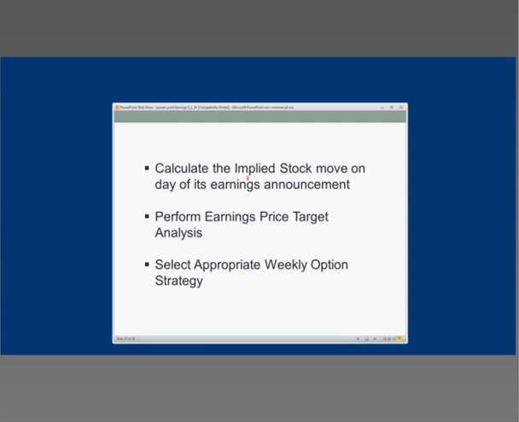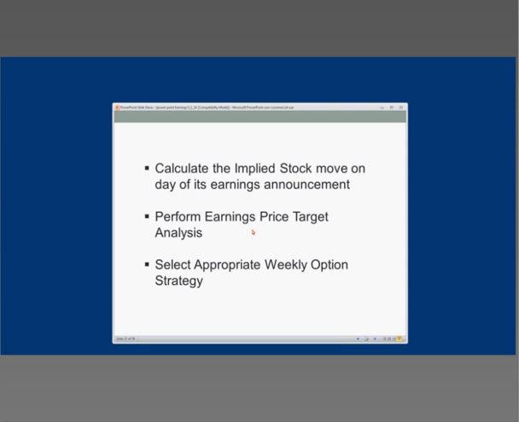Now, the next thing I want to do is the day of the earnings, I will look at the implied move that the market makers are making, and that's based on that straddle cost. And so I'll see what that particular potential high-low is of that move. And then from that, I can perform what I call my price target analysis. And that gives me my targets, and then from those targets, I can construct my spreads that I'm looking to put on. And again, I use non-directional spreads, because I don't care if it goes up or down.